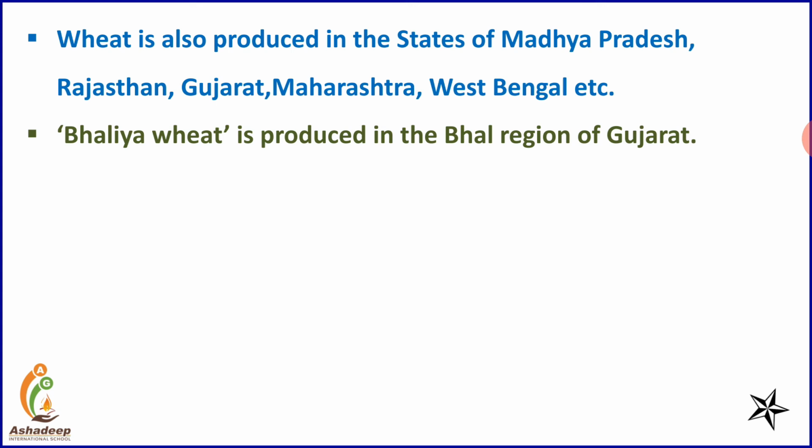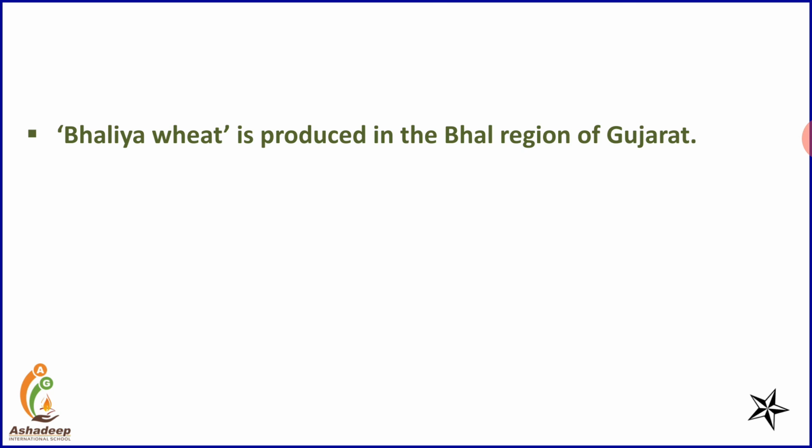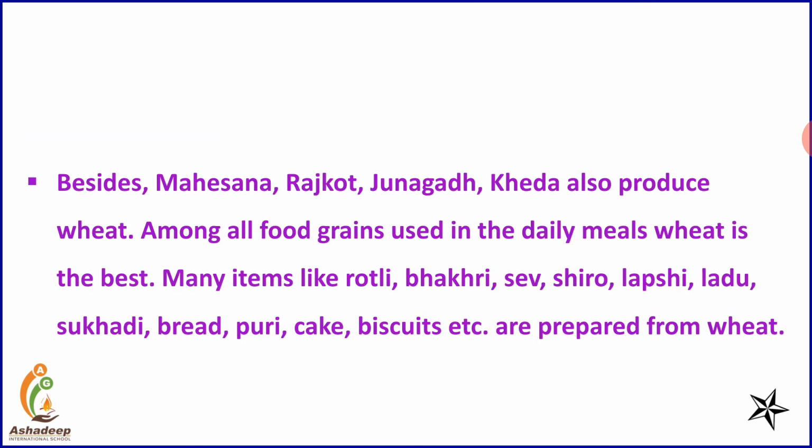So Bhalia wheat is produced in the Bhal region of Gujarat, and it has a unique quality and a good demand in the entire world. Now Mehsana, Rajkot, Junagadh, Kheda, these are also regions where wheat is produced in good quantity.